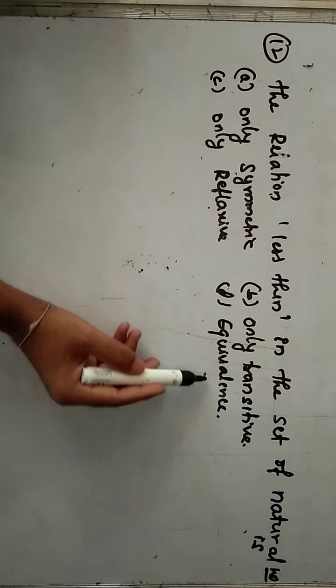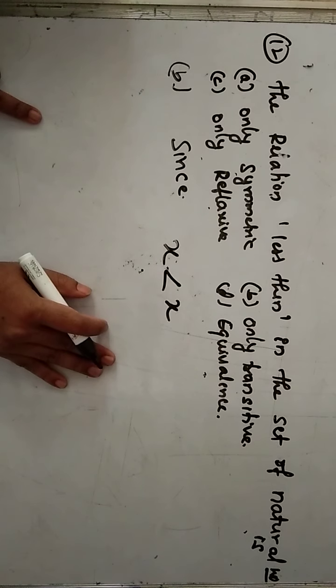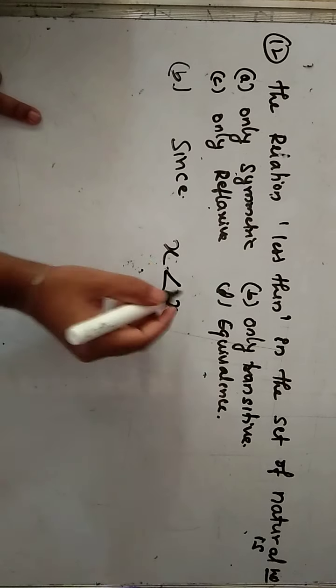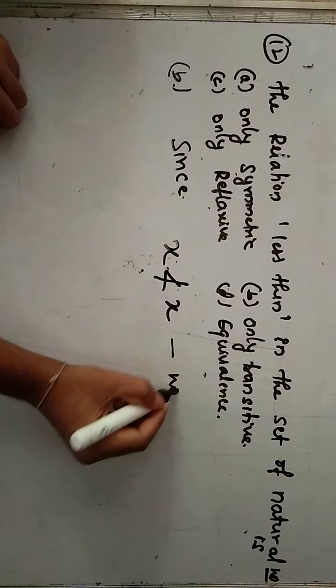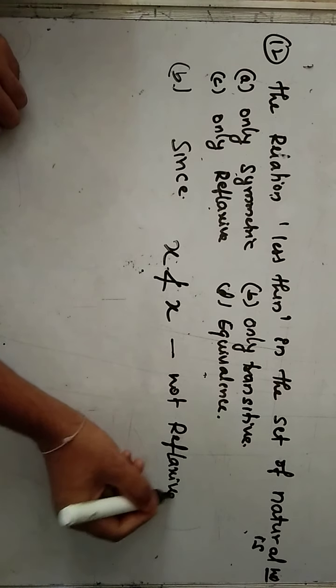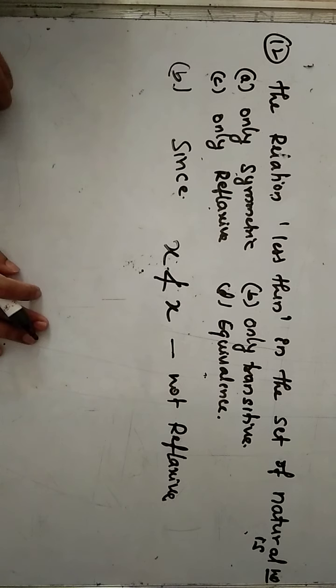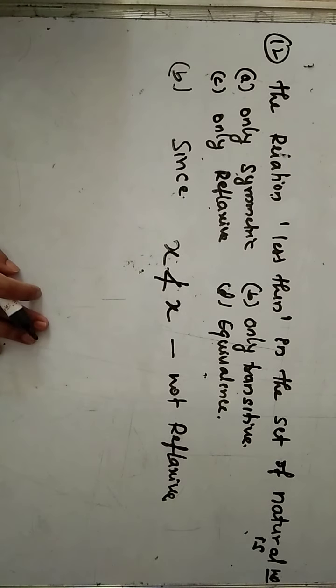Since any natural number never is less than itself. 2 is not less than 2. 5 is not less than 5. Therefore, this is not reflexive. The set of natural numbers with the condition less than is not reflexive.